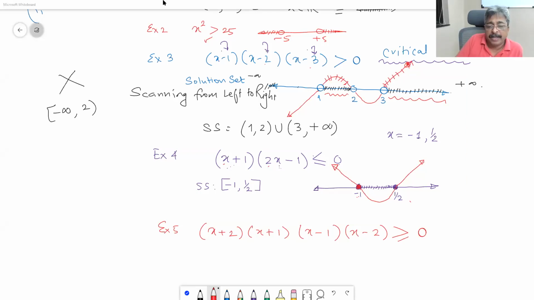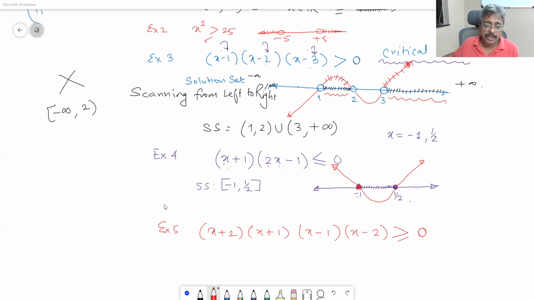Scanning from left, how many critical points? 4. Minus 2, minus 1, plus 1, plus 2. Now you can do it a little quicker because is equality allowed? Yes. So all the 4 points will be dark circles. Correct? Now to the left of minus 2, all brackets will be negative, and hence the product will be positive.